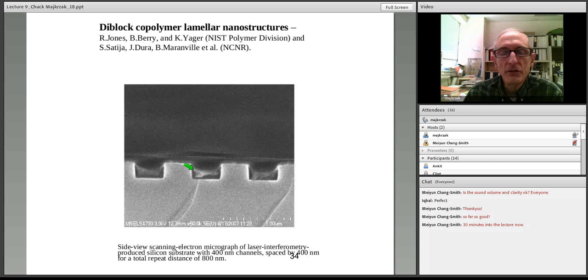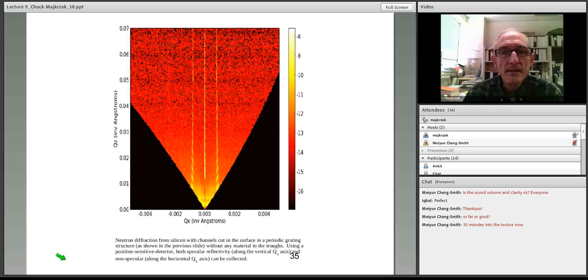If we were to do a specular and non-specular scattering experiment with neutrons from that surface, we would see both specular scattering along the z direction, normal to the surface, and off in the next direction we would find scattering that corresponds to the period of the grating structure of these troughs and stripes.